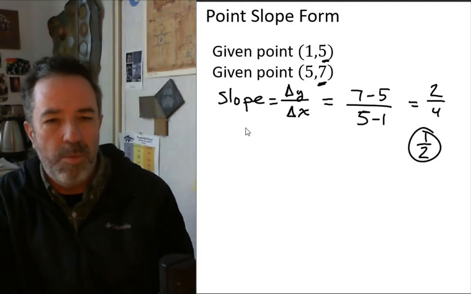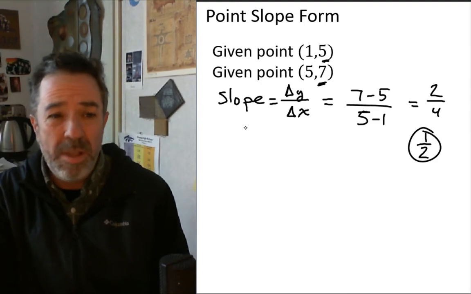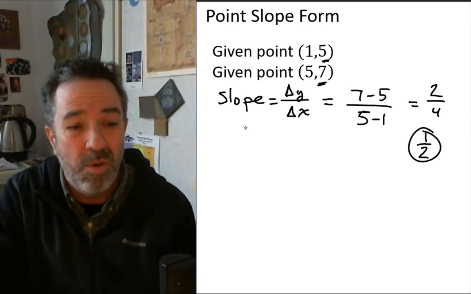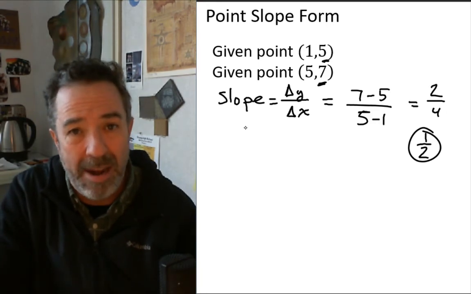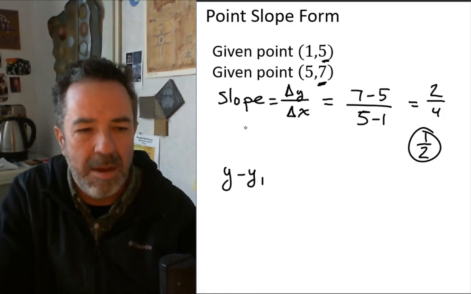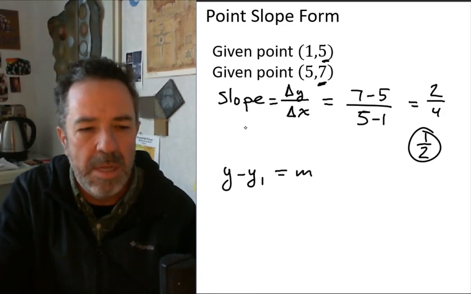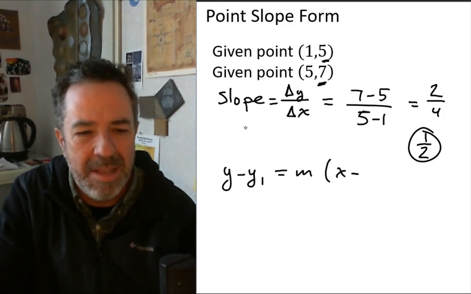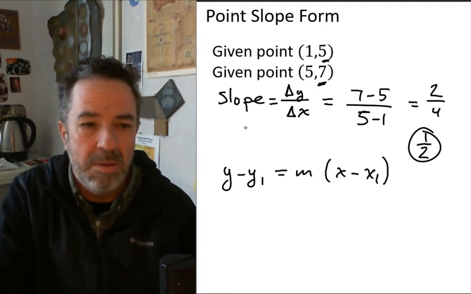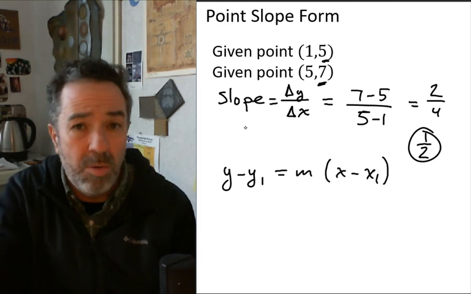So that's my slope. Now, with this point slope thing, I don't have to solve for b. I can literally just write it down. So again, I'm practicing it, so I keep saying it. Y minus the y value that I know equals my slope times x minus the x value that I know. And I'm showing the ones that I know with these subscripts. It doesn't matter which one of these points I use.